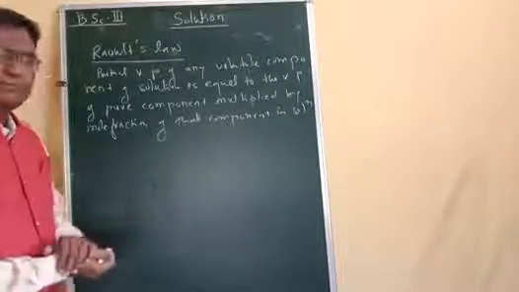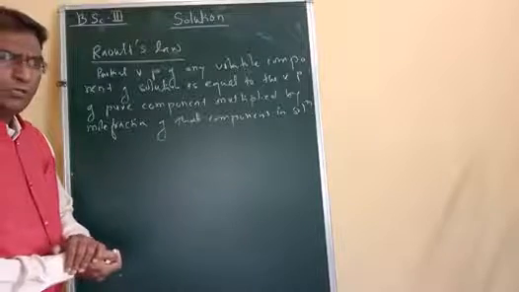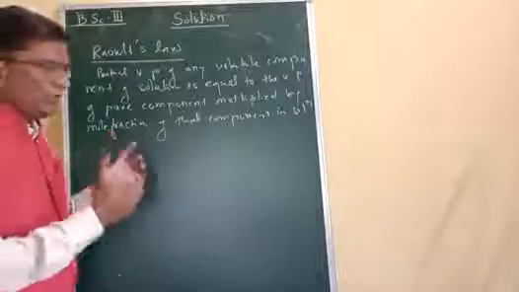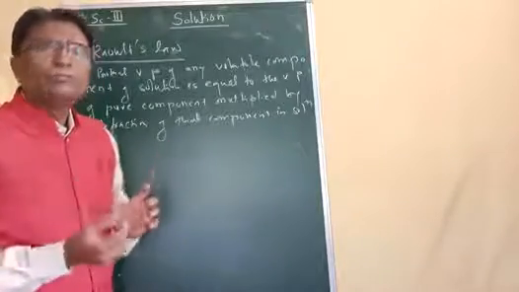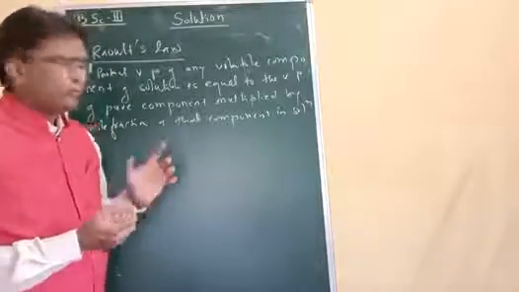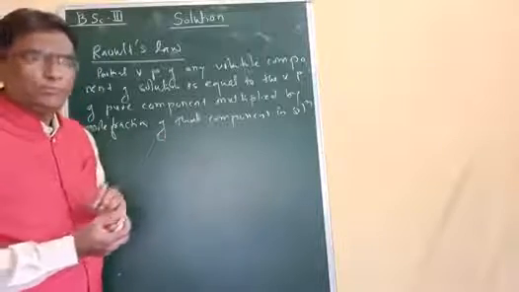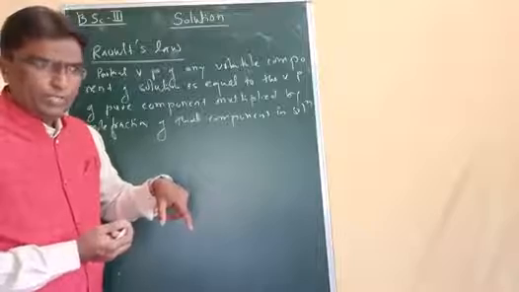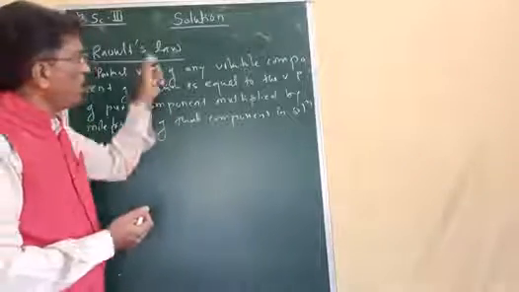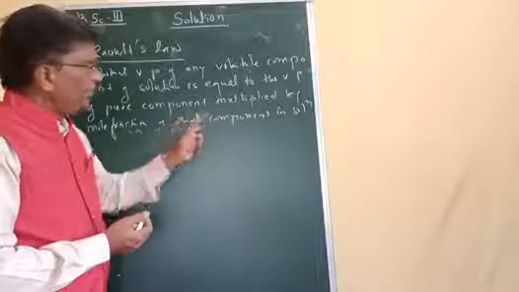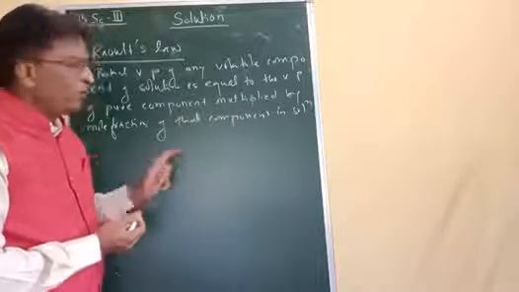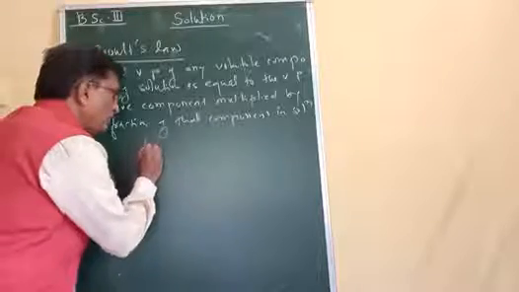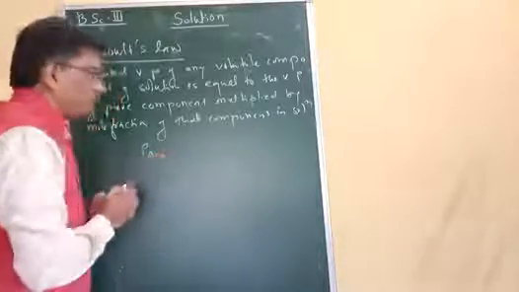Now what does it mean? We have a problem: how to measure the partial vapor pressure of a component in solution. Because with the static method we cannot determine the partial vapor pressure. We can determine the total vapor pressure. To solve this problem, Raoult stated his law, according to which the partial vapor pressure of any component of solution.